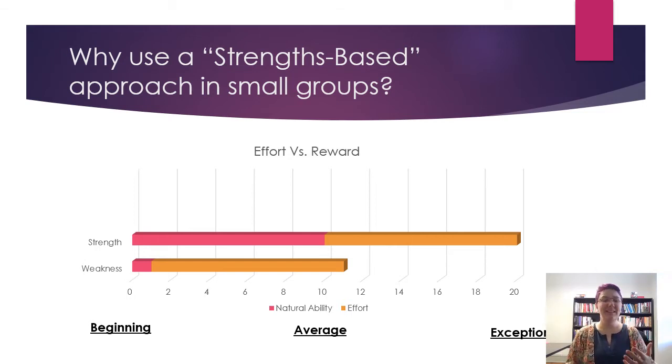But if you're really not very good at tennis, if like me, you pick up a tennis racket and are more likely to hit yourself in the face than to hit the ball, you could put in that same amount of effort. Right? 10 out of 10 for effort. I could put in everything I had to tennis, and I'm still only ever going to be average.